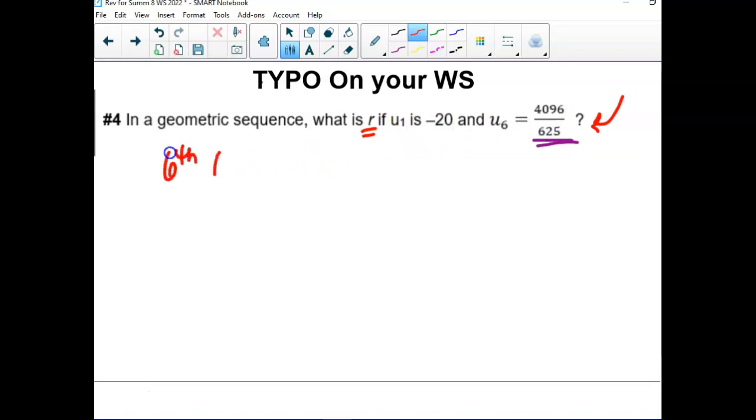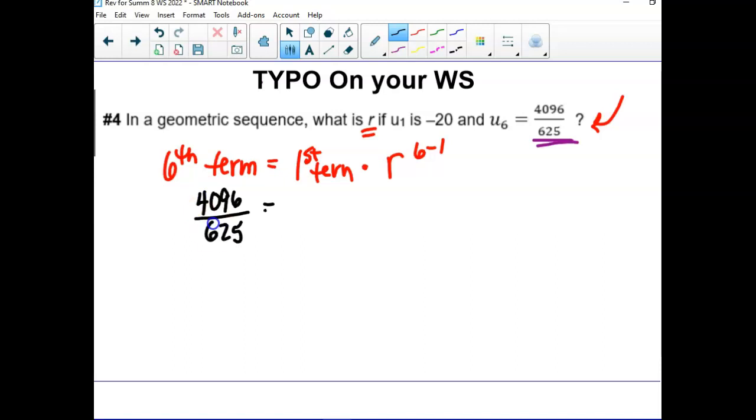So in words, 6th term equals first term times r to the 6 minus 1. Is everybody okay with those words? So what are we putting in for 6th term? That newly fixed messy fraction.